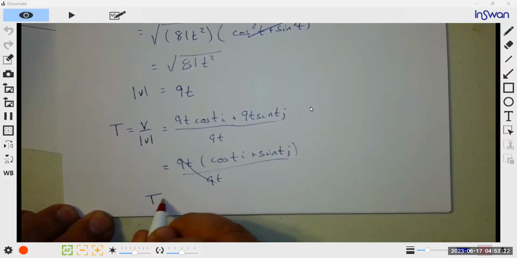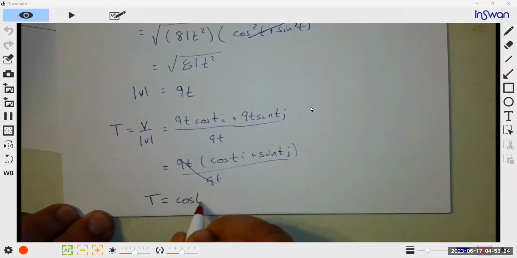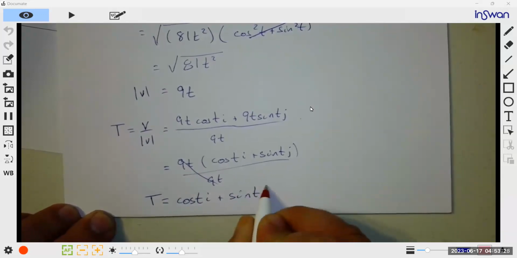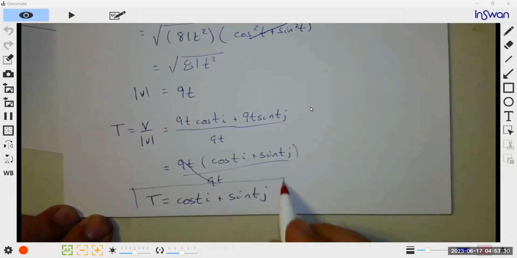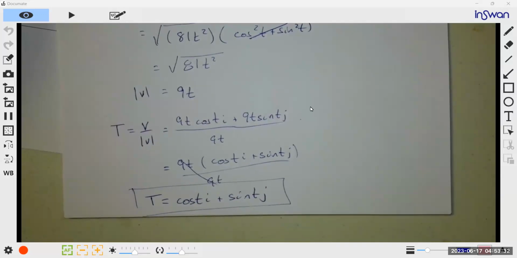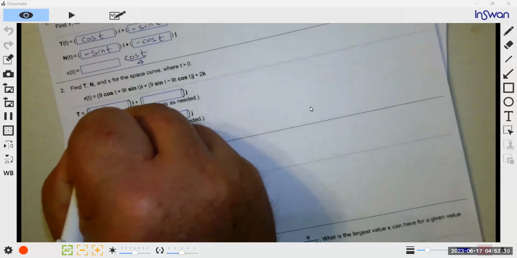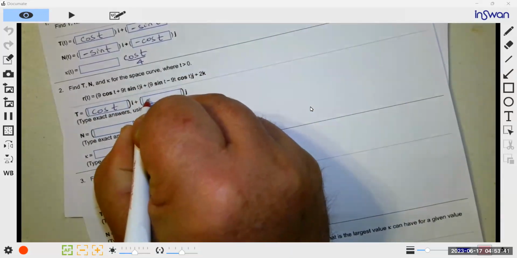So T is equal to cosine t i plus sine t j. And that was my first answer: cosine t i plus sine t j.